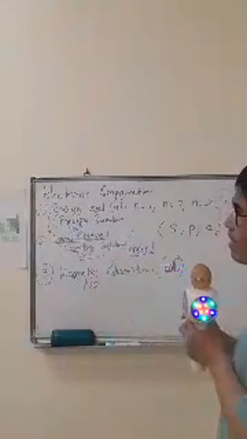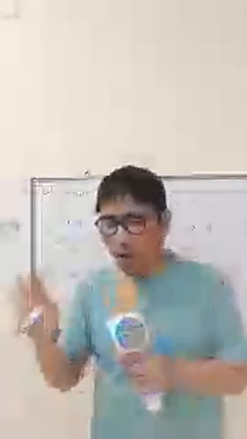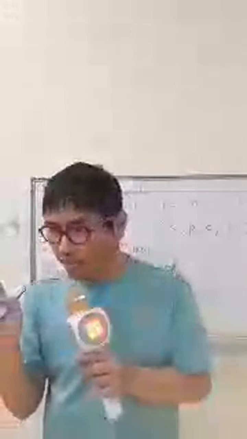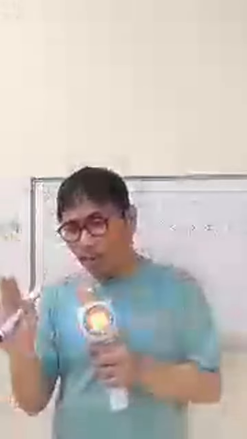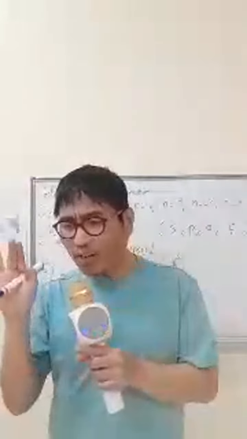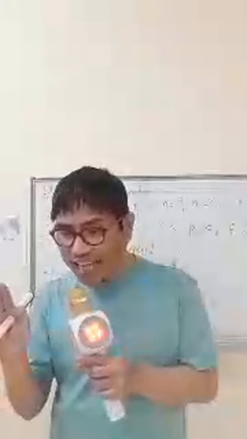For example, beryllium has an atomic number of 4 and a mass number of 9.01. When we deal with electronic configuration, always focus on the atomic number, because the atomic number represents the behavior, characteristics, and properties of an element, of an atom.